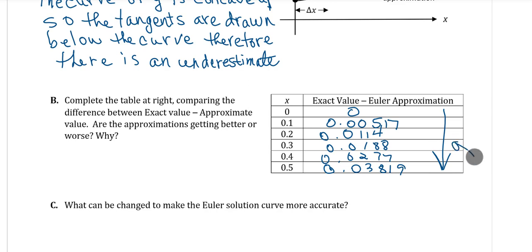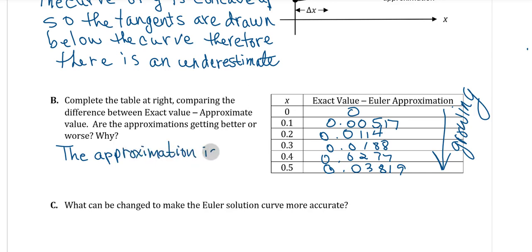So what you see is these numbers are growing as they get down. As you go down, they're growing. So what we say is that the approximation is getting worse. And the reason for that is that y equals e to the x is exponential.